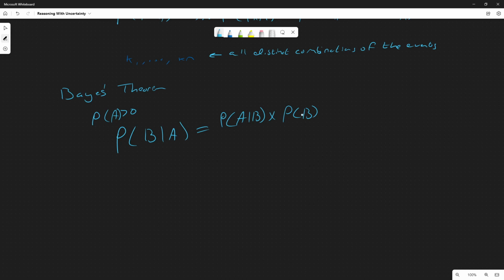The reason it's here is for reasons of derivation. If you look up the derivation of it, you can see that that's where it comes from, those equations above. You divide it by the probability of A.